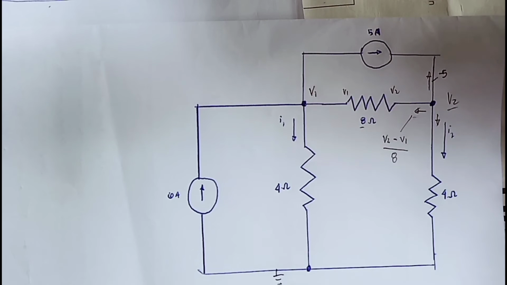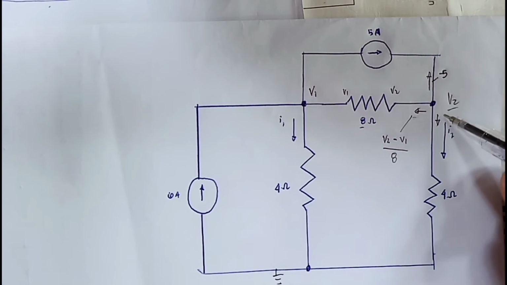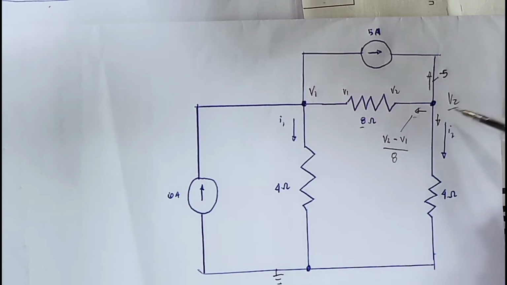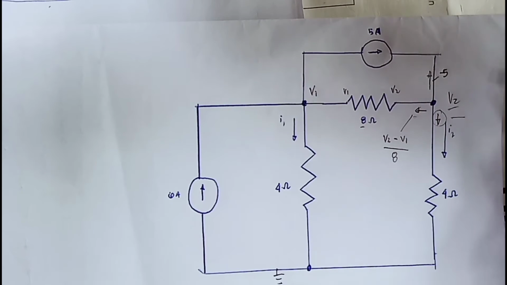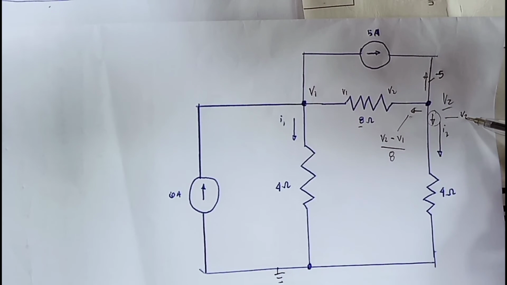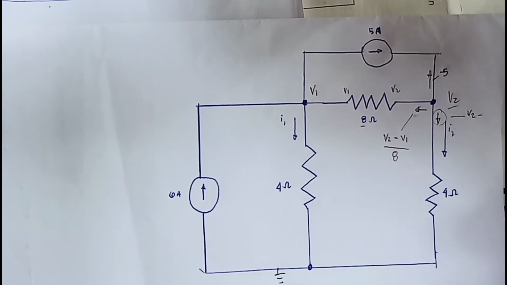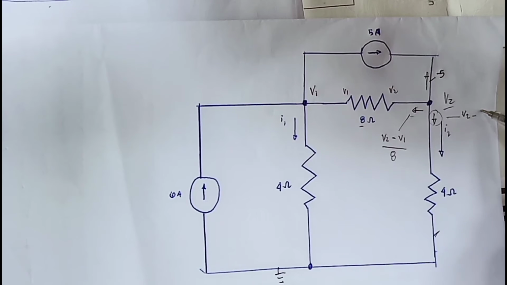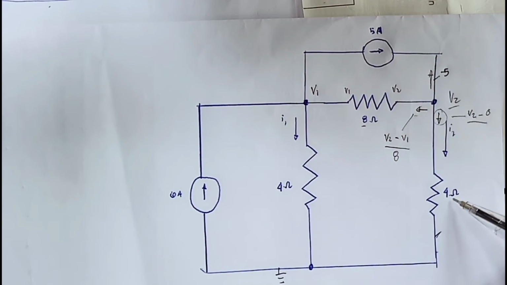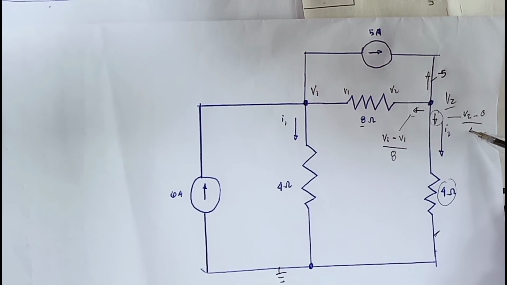And then let's go to the bottom. The current here has V2 on this side and the ground on the other side, so we write V2 minus 0, the ground, divided by 4, the resistor.